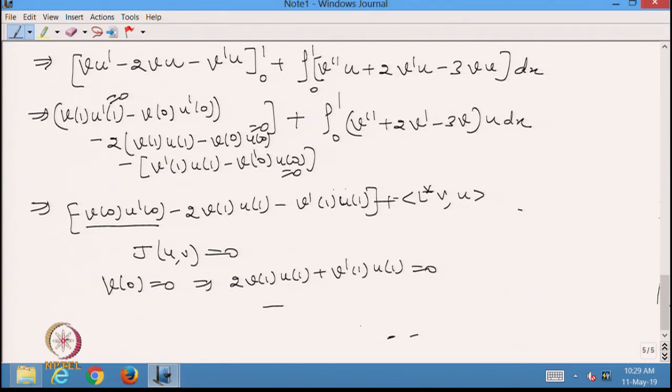Taking u1 common, I will get 2 v1 plus v'1 equal to 0. We are assuming that u1 is not equal to 0, because we are given that u'1 equal to 0. So, from here we will get this value.